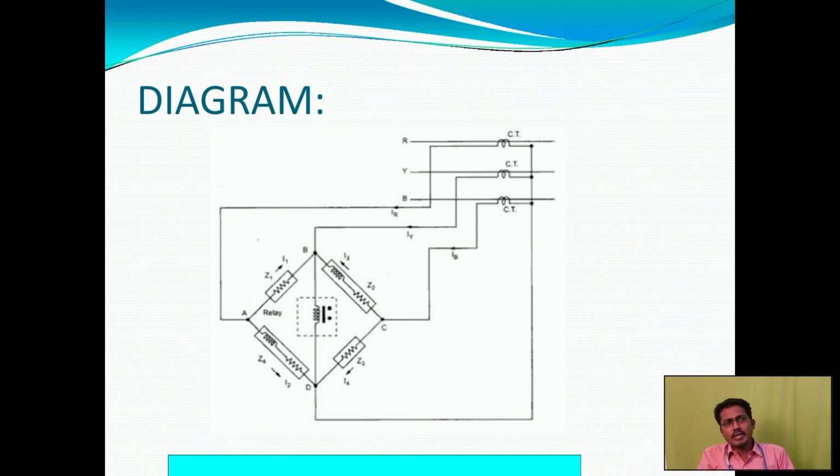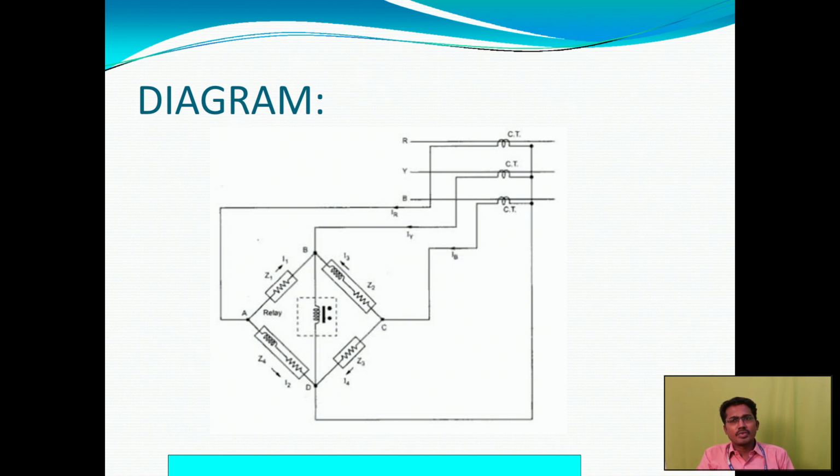We take the current flow in each phase and give it to the bridge circuit. Whenever the current flows in the positive sequence way, no unbalance is created in the bridge circuit.